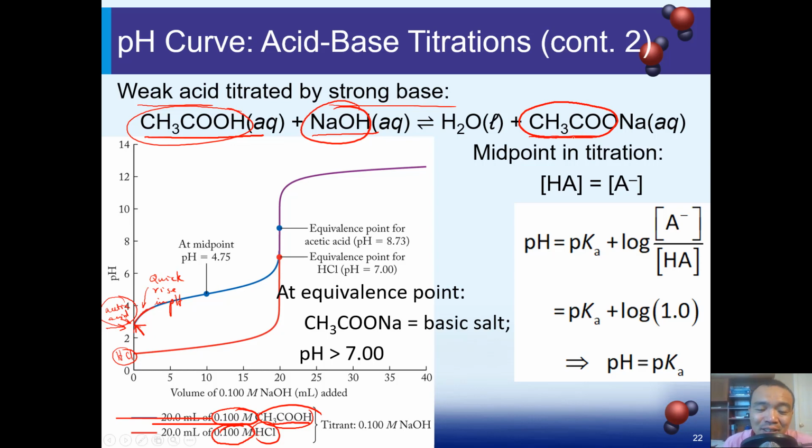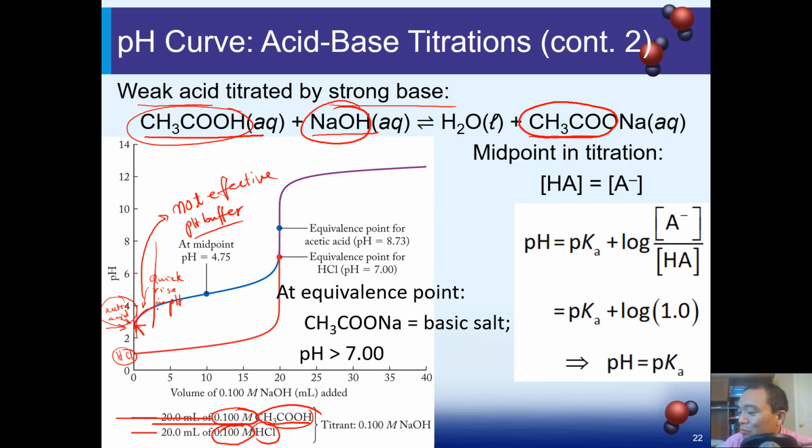So in the beginning, you have a much larger amount of acid than conjugate base. So in this quick rise region, it is not an effective pH buffer, because the ratio of acid to base is very large.